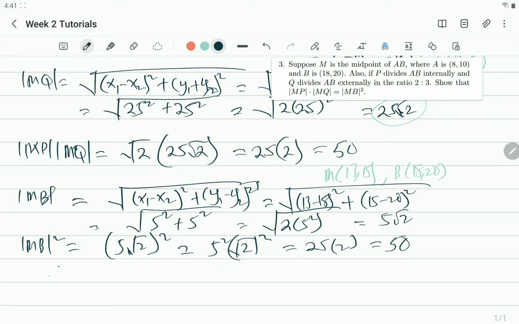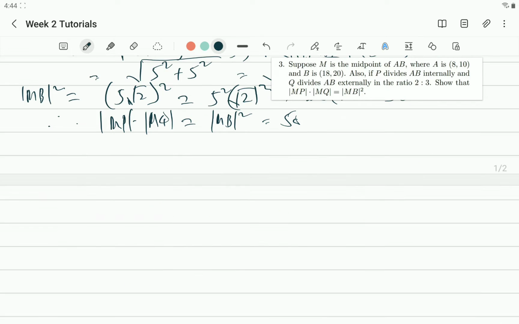So this obviously implies that MP times MQ is equal to MB squared, which we had as 50. So that ends the first question.